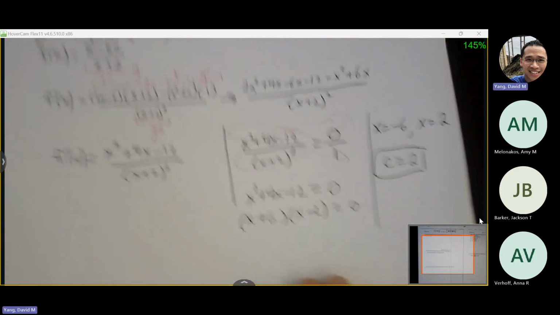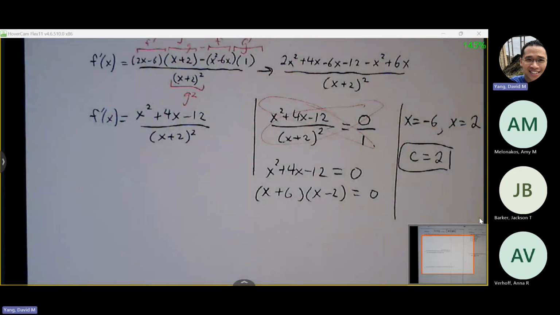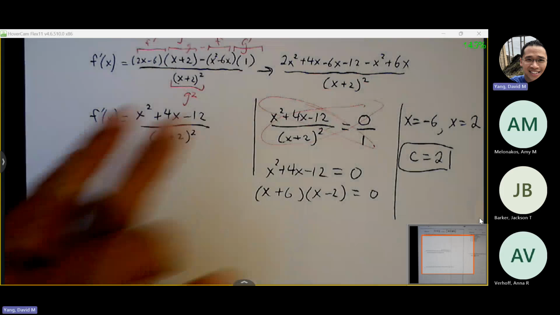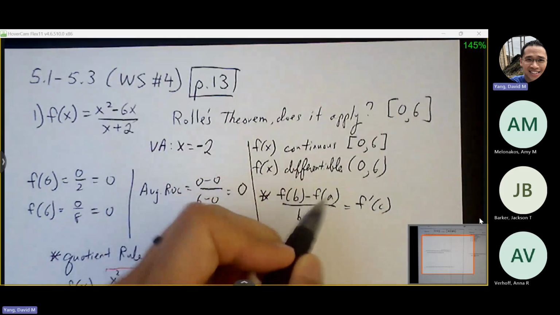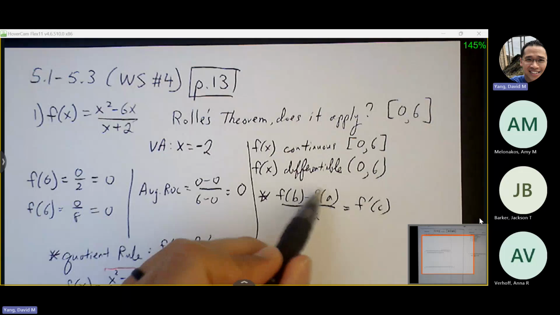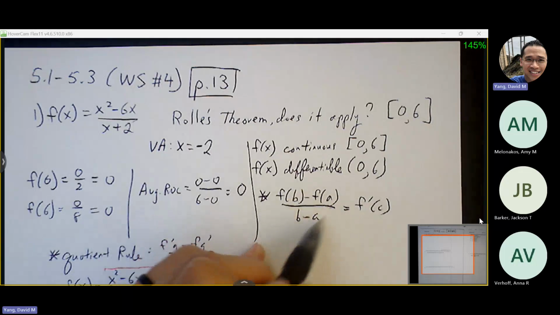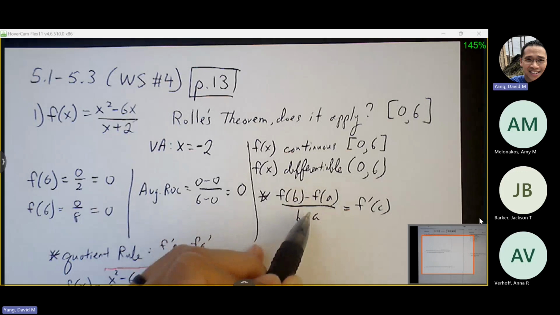Okay, let's look at number 2. Number 2 is a mean value theorem, which is almost identical to Rolle's theorem. The only difference is that Rolle's theorem needs this piece to end up equaling 0. But for the mean value theorem, it can be anything. It can be a slope 5, it could be slope 6, it could be slope 10.